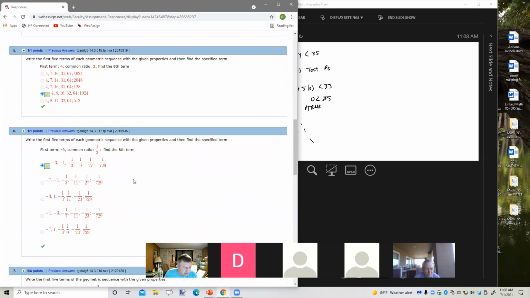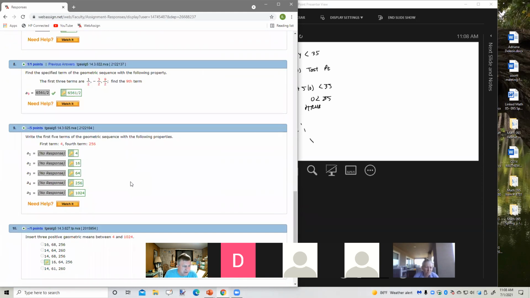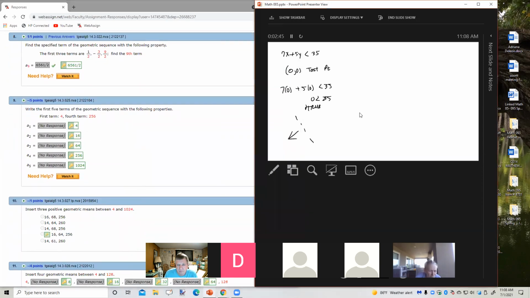Okay, it looks like you've got it right, but you still have some questions about it. Yeah, I initially got a negative, and I'm wondering why it's actually a positive. So, find the specified term of a geometric sequence. We use a sub n equals a sub 1 times r to the n minus 1 power.